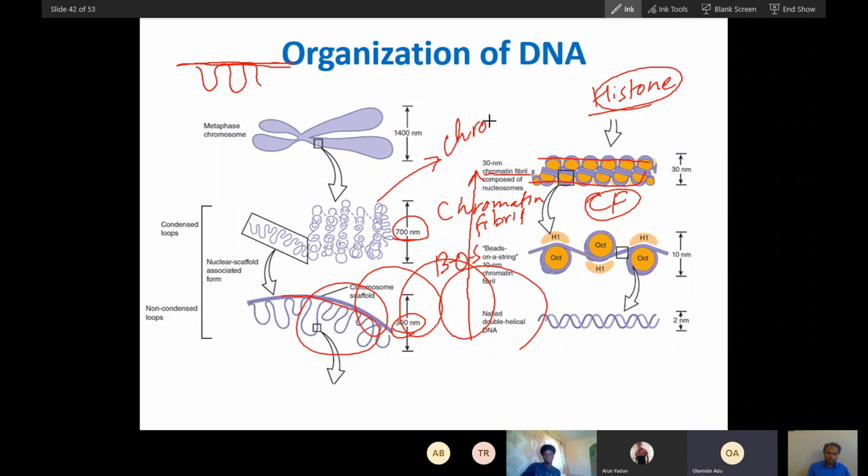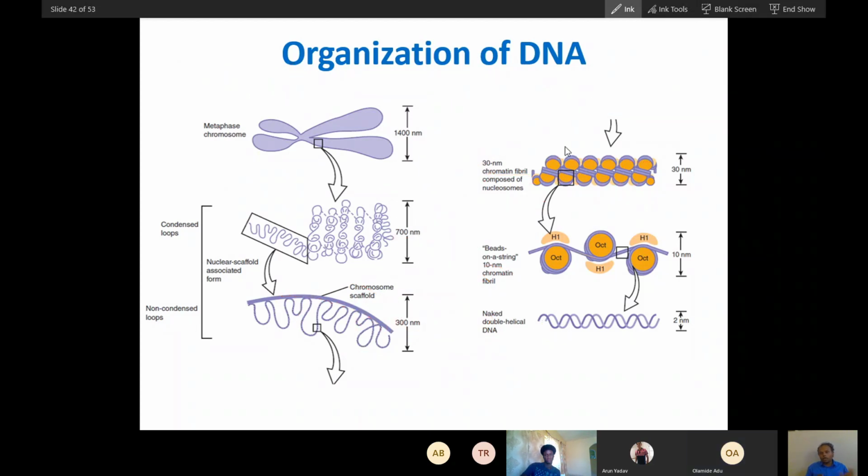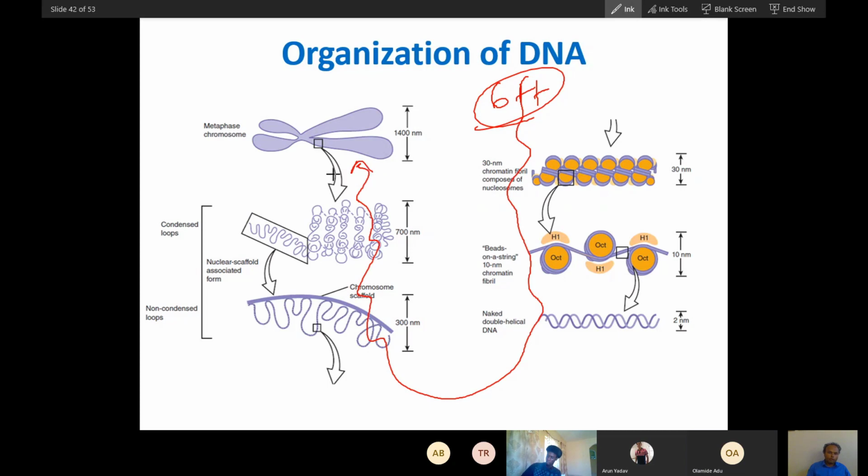So this is how the whole DNA is organized. If you join all the DNA of our nucleus, the whole DNA will be about 6 feet, and this 6 feet of DNA is compacted in this form. First stage, second stage, third stage, and fourth stage.